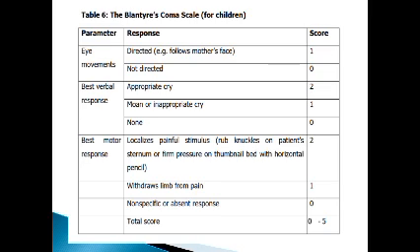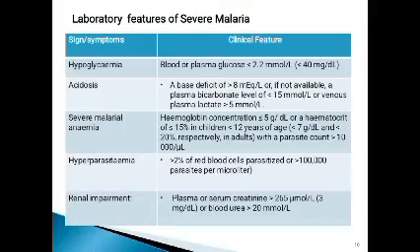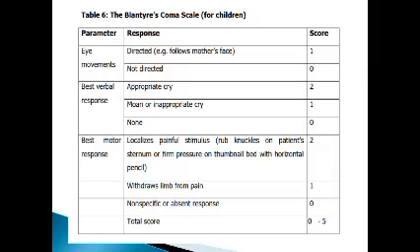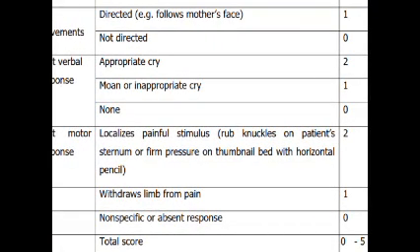Table 6 is the Blantyre Coma Scale for children. Parameter: eye movements. Response: directed, for example follows mother's face, score 1; not directed, score 0. Best verbal response: appropriate cry, score 2; moan or inappropriate cry, score 1; none, score 0.